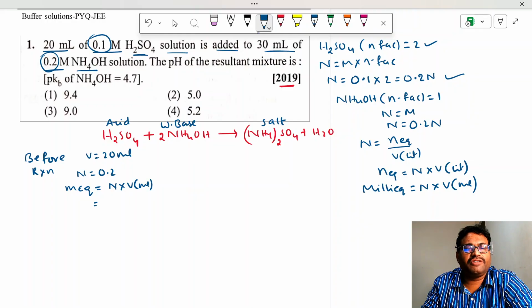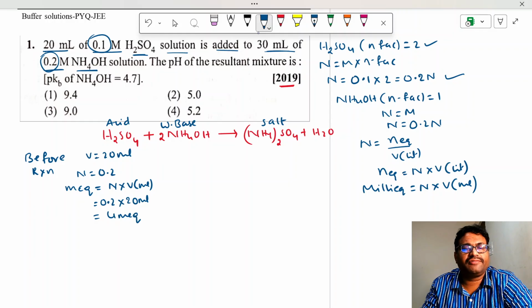So 0.2 into 20 ml is equal to 4 milliequivalents.